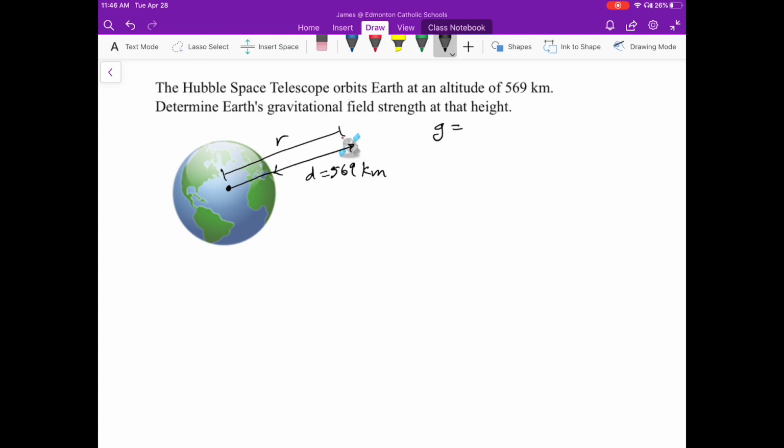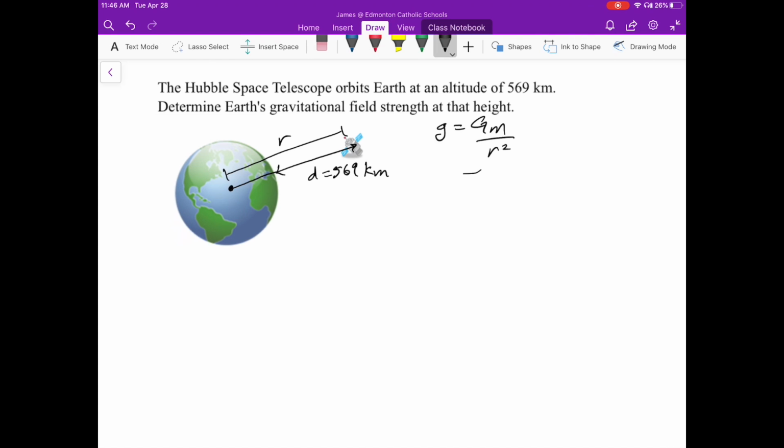So in our formula, GM over r squared, r is the distance between the centers of the objects, not just between the surfaces of the two objects. Well, what we have to do is add the radius of the Earth. Now, the radius of the Earth is in your data sheet, so you could just look that up.